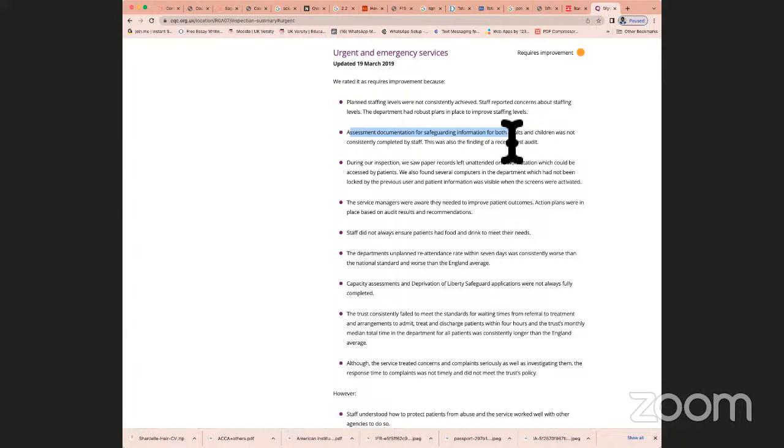There were no security features in place to ensure that logins or machines could not be accessed by others. Let's put it this way, there could be systematic failures in ensuring that data of patients and data within the hospital premises is kept safe.